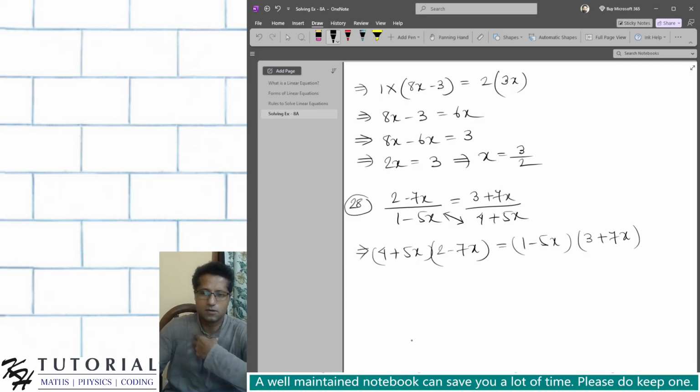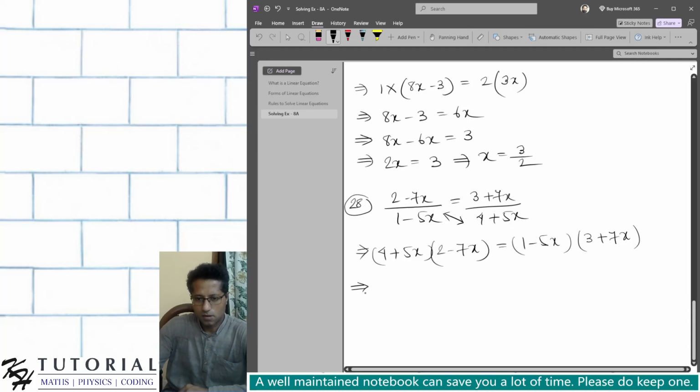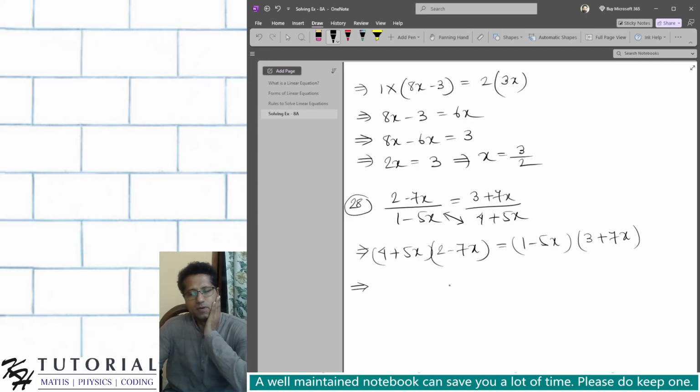Even though this equation does not look like a linear equation, if you do cross multiplication, you will see it gets reduced to the linear form. Now I will have to do the products on both the LHS and RHS using the distributivity law of multiplication over addition and subtraction.